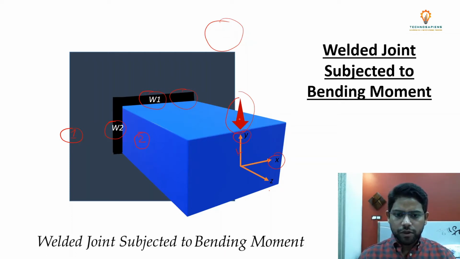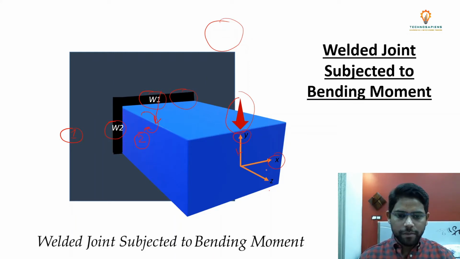Now first of all, let's see how we are going to transform the load. We will transform the load from here to the center of gravity of the welds like this, and there will be a moment induced because we are transferring the load, and the moment will be about the x-axis.